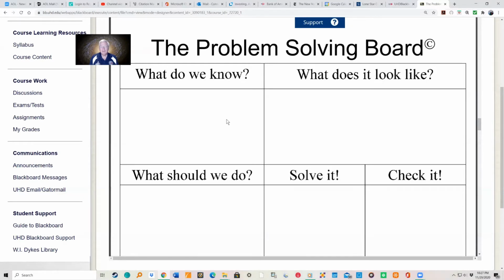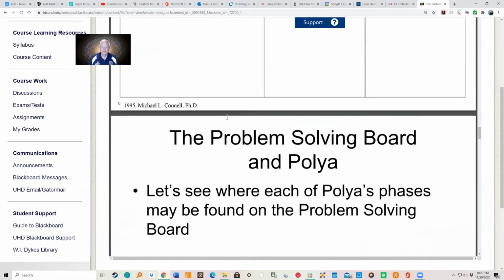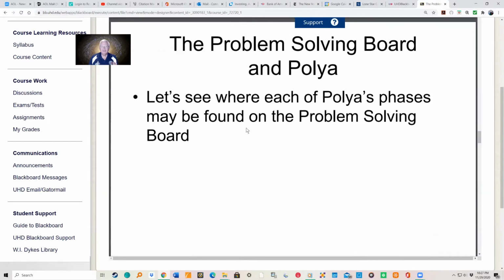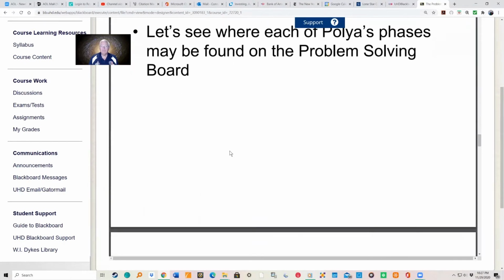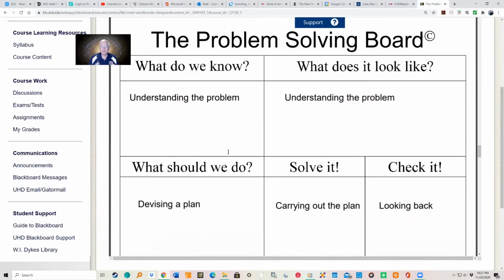And then two statements, solve it, or do it, dang it, right? And then check it. So let's take a careful look at Polya's phases and see where they can be found on the problem-solving board. I think we'll find that's rather helpful. When we talk about what do we know, that's really Polya's approach towards understanding the problem.